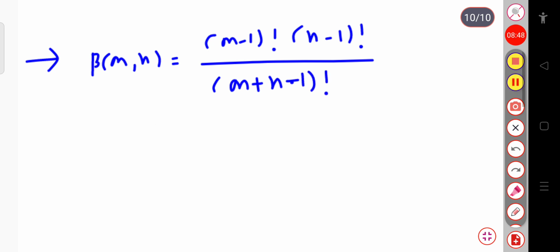Beta of m, n equal to (m minus 1) whole factorial into (n minus 1) whole factorial divided by (m plus n minus 1) whole factorial.